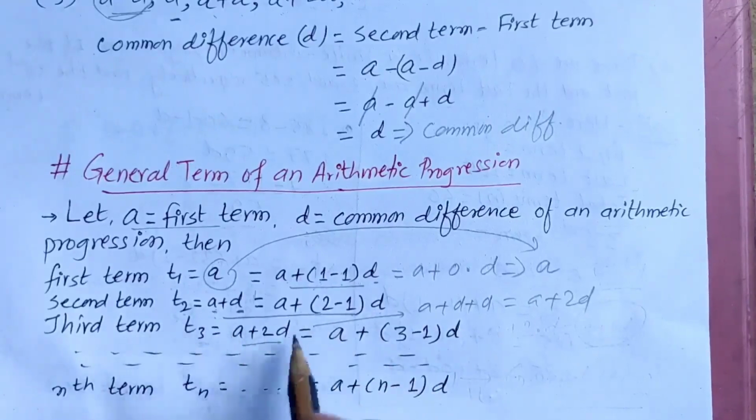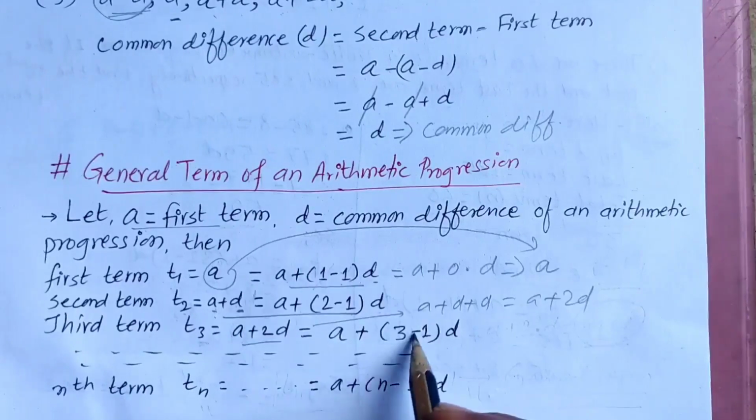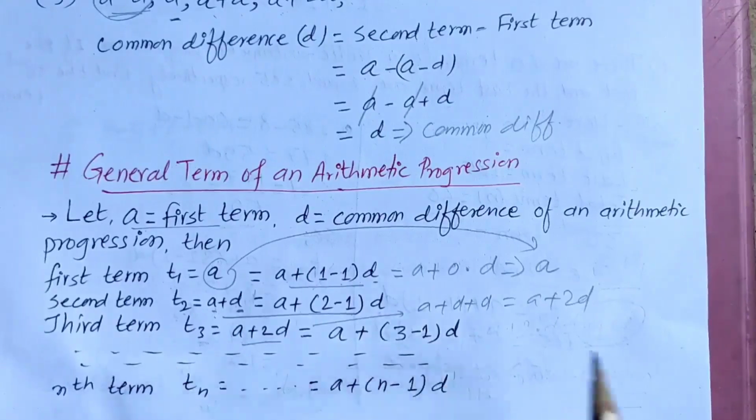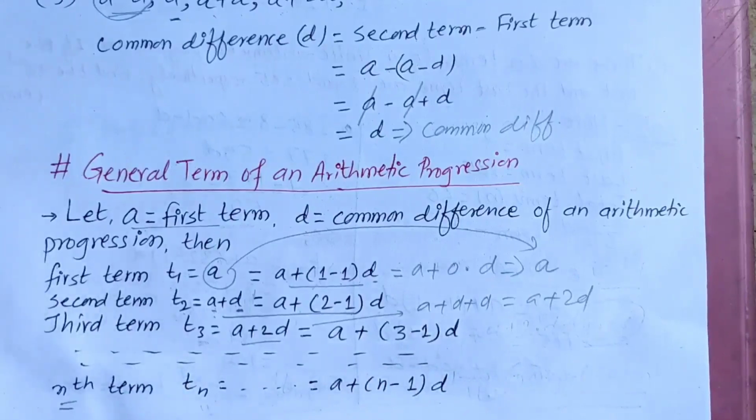Similarly, T3 can be written as A plus 2D, which is equal to A plus (3 minus 1) D. Now the nth term, which is also called the general term, can be written as Tn.